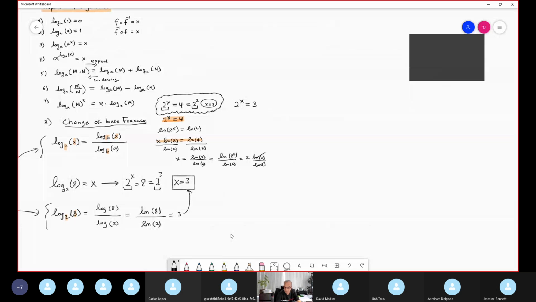Okay, the application of the change of base formula. Compute logarithm base 3 of 81.